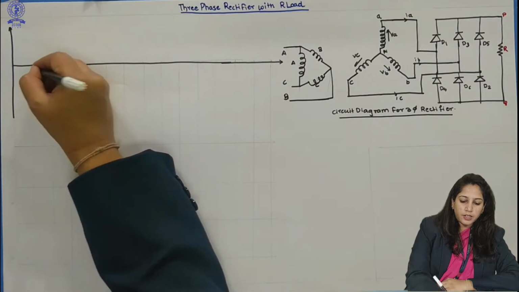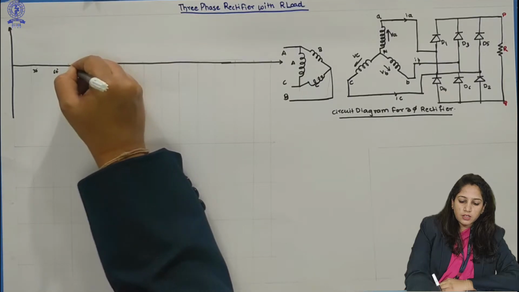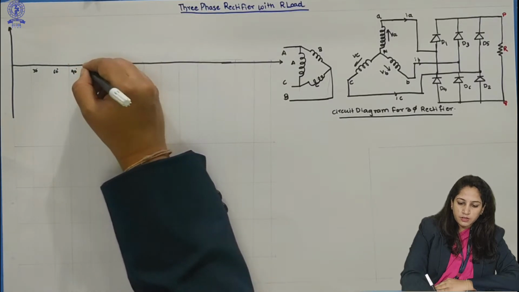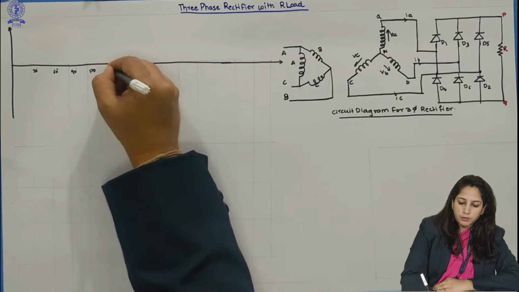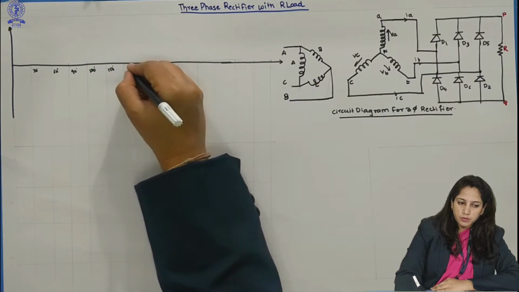Suppose I take a difference of 30 degrees: 30, 60, 90, 120, 150, 180.